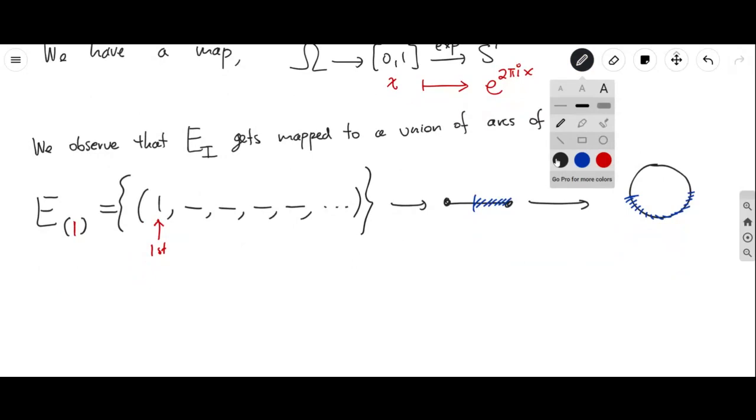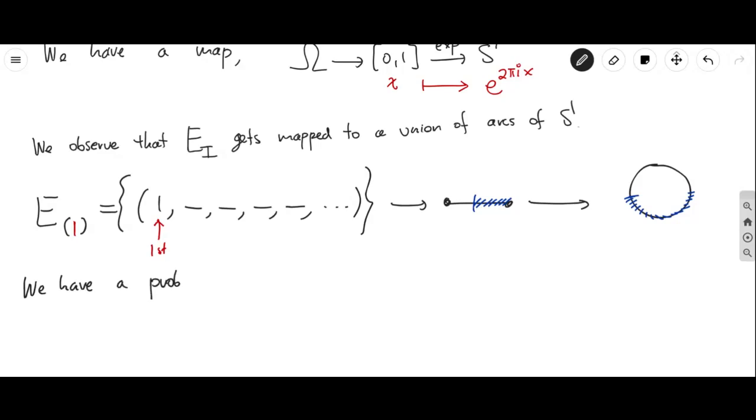Now look at this. We have a probability measure, and I'm going to call it Q, on the unit circle. Technically, it's the unit circle with the algebra generated by all of the arcs, but I'm going to be a little bit sloppy.